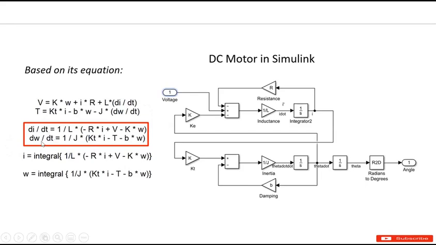If you look at the equations of the DC motor, there are two equations, one for the electrical side, di by dt and so on, and the other equation is for the mechanical output side, that is d omega by dt, where omega is the angular velocity and equals this, and so on. So it's based on these differential equations that you model it in Simulink. You then use integrators to integrate these differential equations.